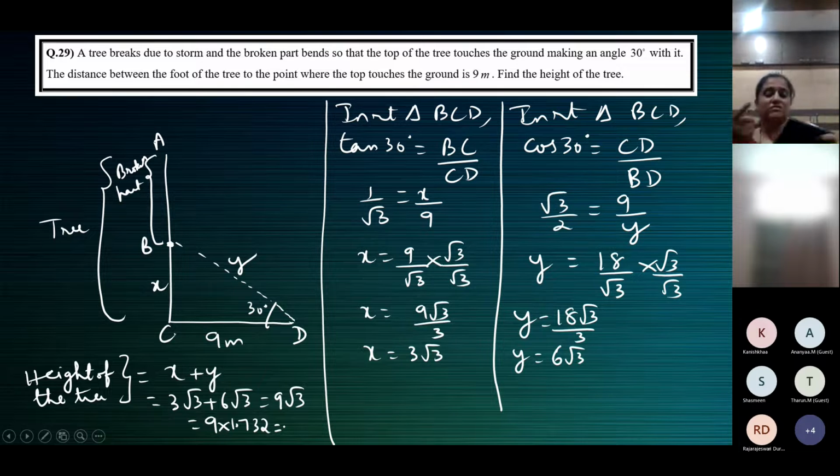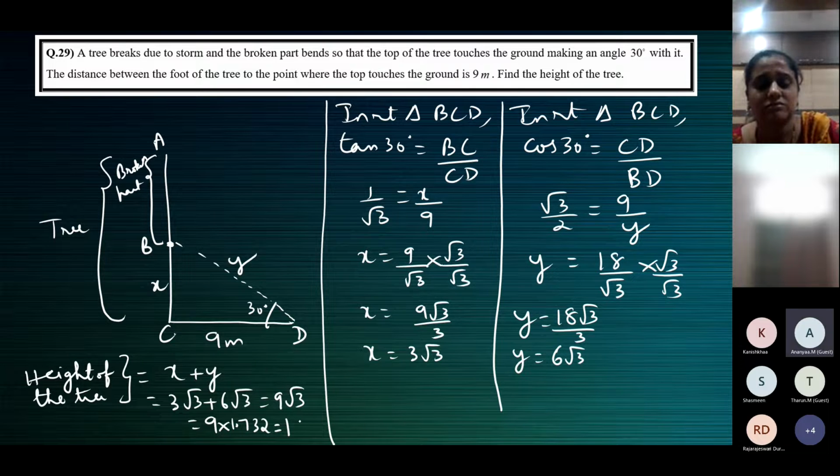My calculator is not working. So what is 9 into 1.732? This is the answer, children. It's not 3√3. Both of you are wrong. Ananya, 15.588.